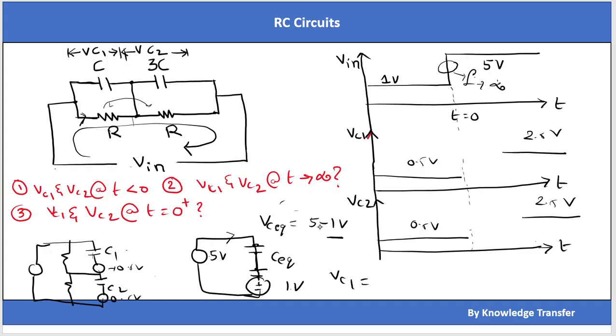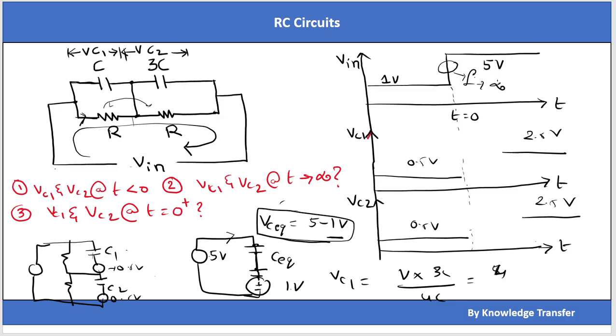So if I write this, VC1 at t equal to 0 will be V times 3C divided by 4C, because C2 is 3C, and 4C is C plus 3C. Here V is 4, because the change here is 4 volt only. The effective VC equivalent is 4 volt.